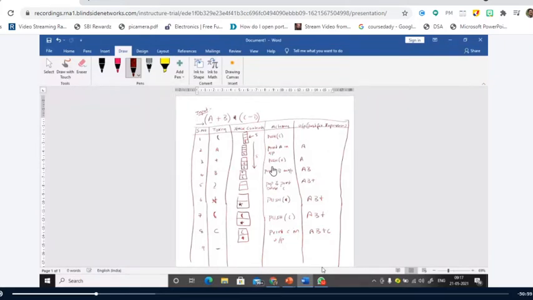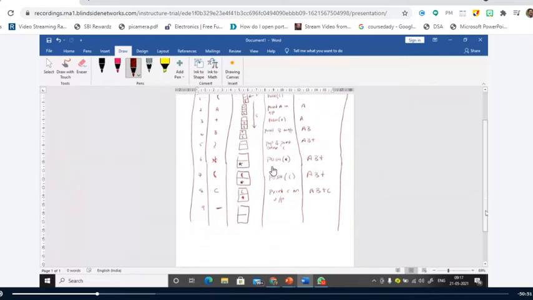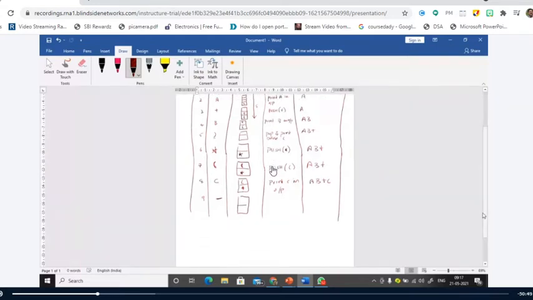Minus. Right. So what is it that you have to do when you come across an operator? What action do you have to perform when you come across an operator? You have to check whether the stack is empty or not.